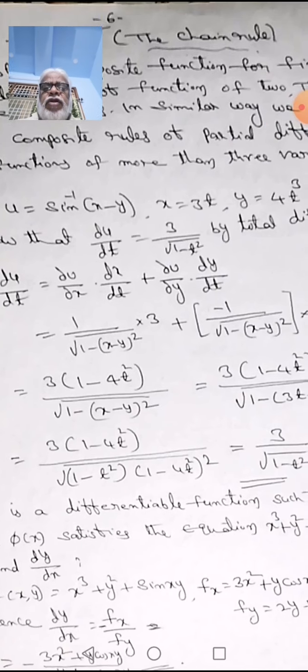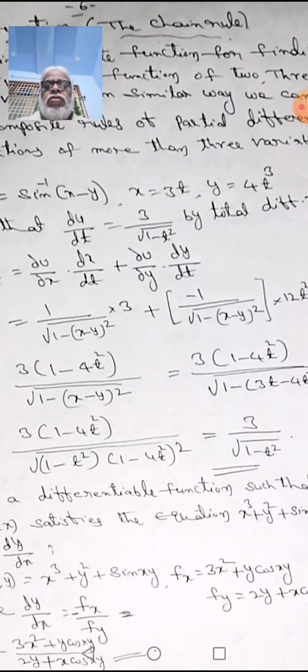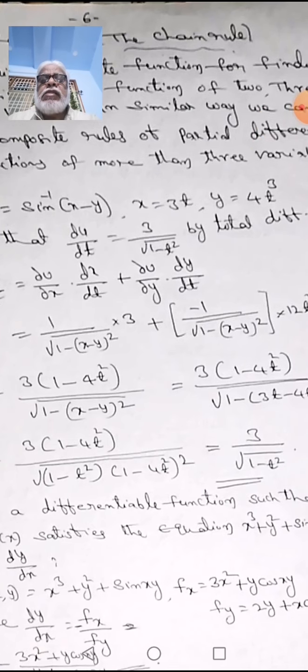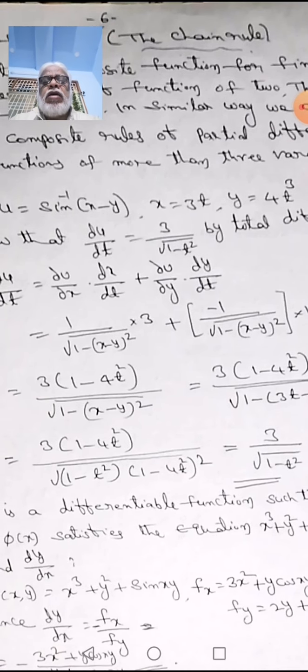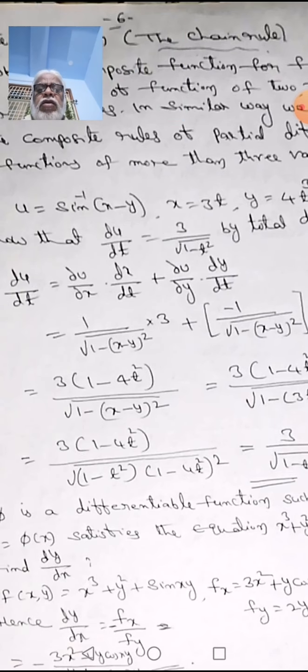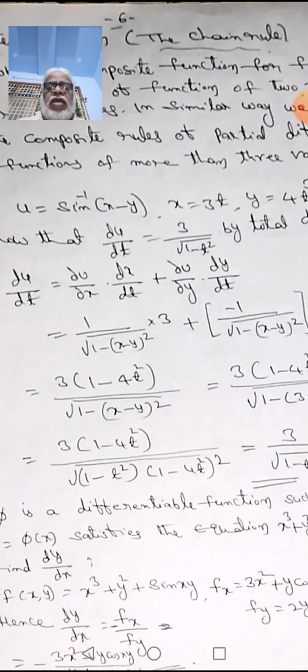3 into 1 minus 4t square by... what is 12t square? Directly right here. 3 into 1 minus 4t square by under root of 1 minus x minus y whole square.